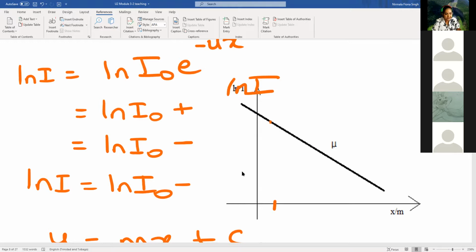If my material gets thicker, that means the intensity of the radiation coming out of that material will get smaller and smaller and smaller, because the more material that X-ray passes through, the more of those X-rays are going to get absorbed by the material. So that means the intensity of the radiation penetrating through your material will be smaller. So obviously you should get a negative graph when you're doing this topic, right?